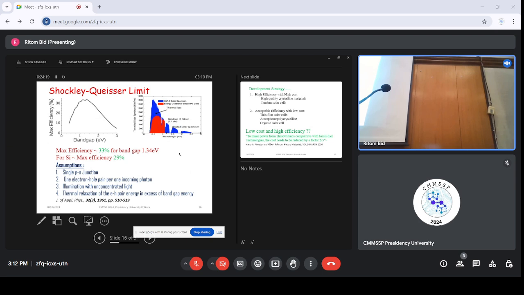If you look at this curve of efficiency versus band gap, the maximum efficiency predicted by the study is 33% for an optimal band gap of 1.34 electron volt. For silicon-based solar cells, this maximum efficiency has been reported as 29%. But for the silicon modules that we use in our households or in practical applications, the efficiency is much less than this 29%, around 10 to 14%.